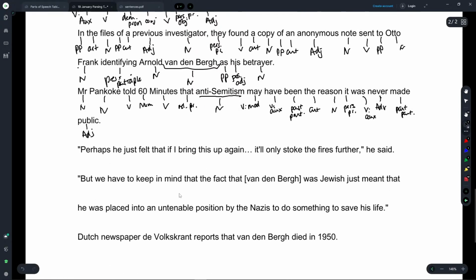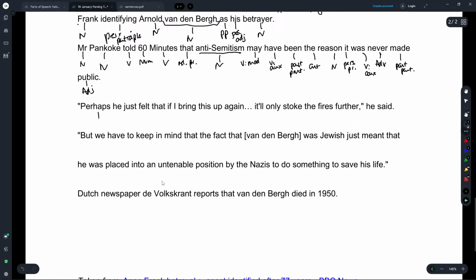Okay, and then we have perhaps, adverb, he, which is our personal pronoun, just, adverb, felt, verb, that, relative pronoun, if. Ooh, that's a nice one.